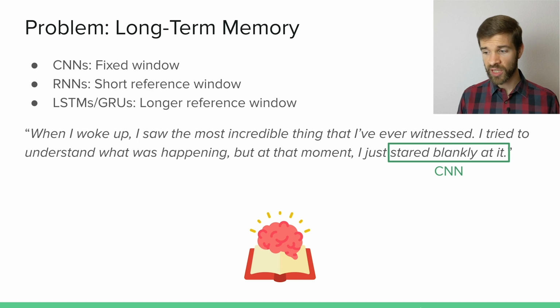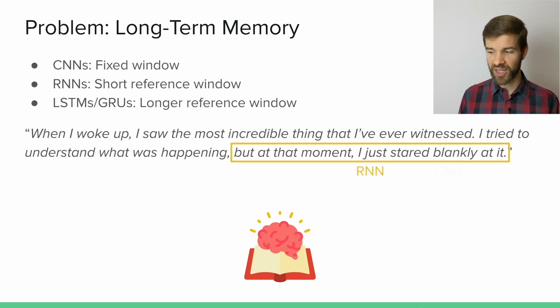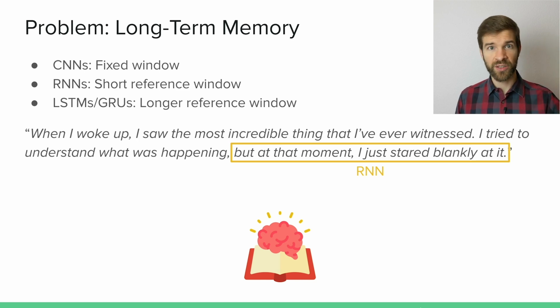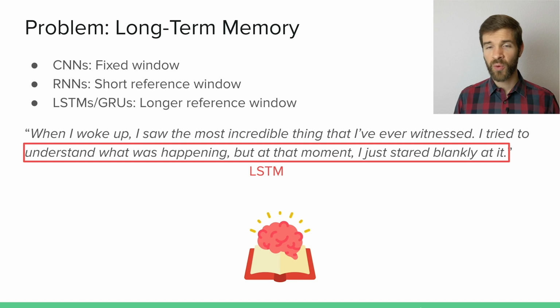With recurrent neural networks, we get a bit of a longer reference window where the network still remembers some of the information that it saw before. And with LSTMs, we were able to extend this to an even wider reference window where we can see and understand much longer parts of our input.